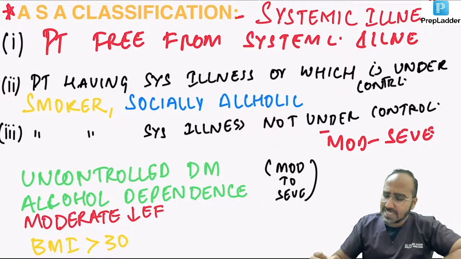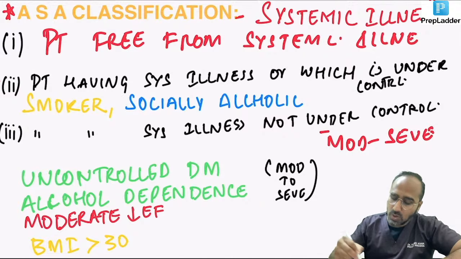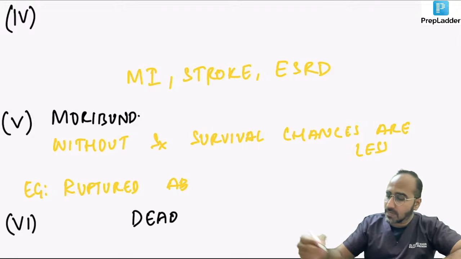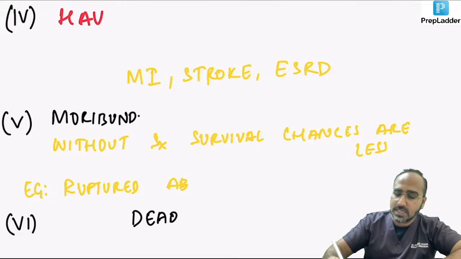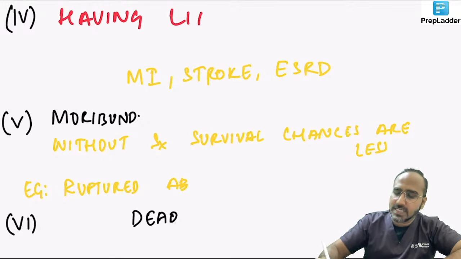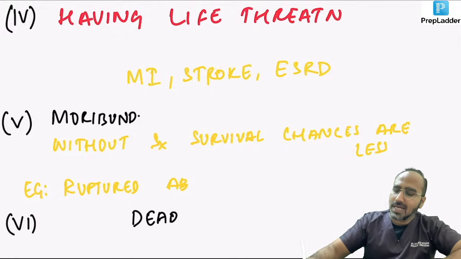Okay, such as he's having moderately reduced EF, alcohol dependence, or BMI more than 30, or uncontrolled diabetes. ASA class 4 means what? Patient having life-threatening systemic illness.